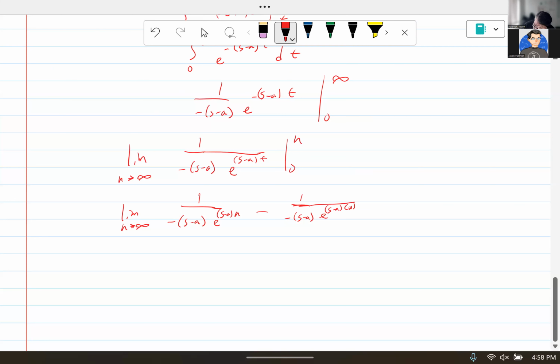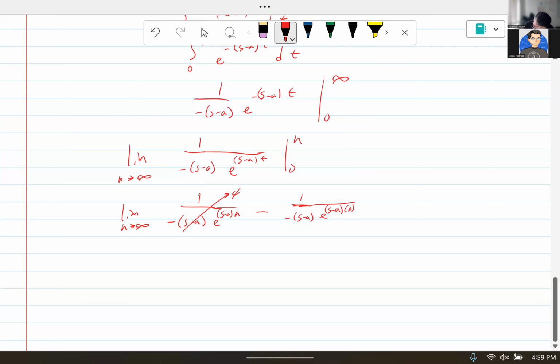Okay, so this thing here, if I take the limit as n goes to infinity, that becomes 1 over infinity, which is just 0. And then e to the (s minus a) times 0, that just becomes e to the 0, which is 1.